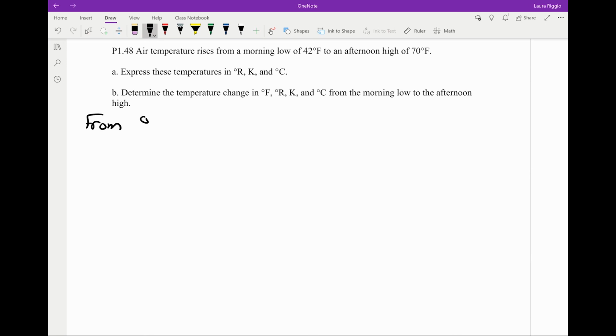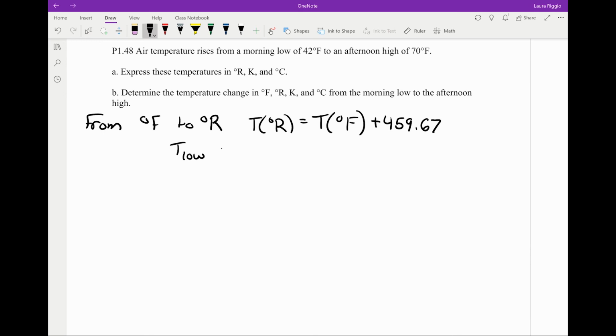So from degrees Fahrenheit to degrees Rankine, our temperature in Rankine is going to be our temperature in Fahrenheit plus 459.67. So our low is going to be 42 degrees Fahrenheit plus 459.67, which is 501.67 degrees Rankine.